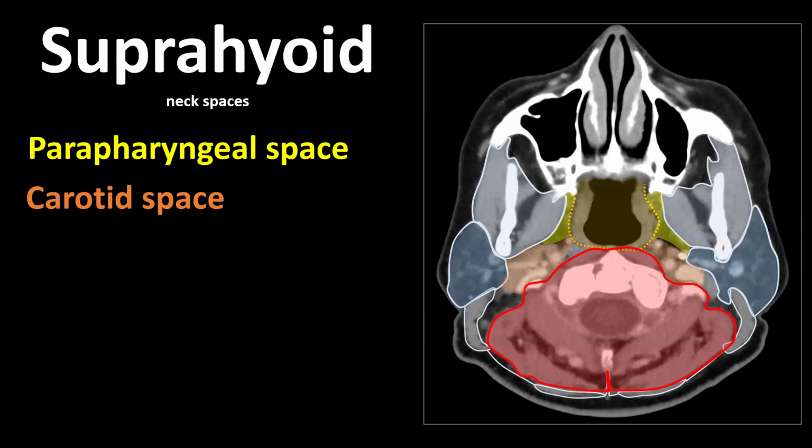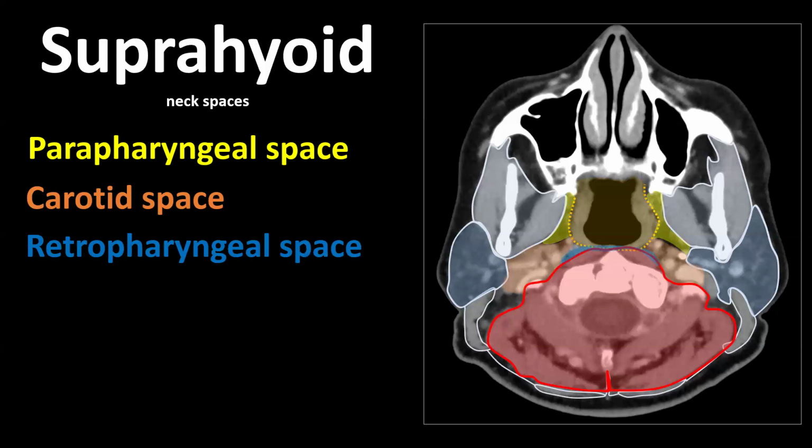Because the parapharyngeal space contains mostly fat, primary lesions rarely originate in it. So it's more important to be able to recognize the parapharyngeal space and see how it gets displaced to localize a lesion. But more about that later.